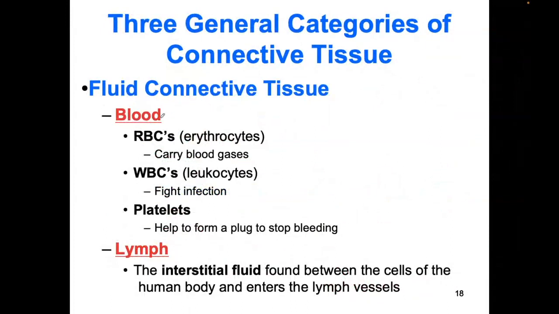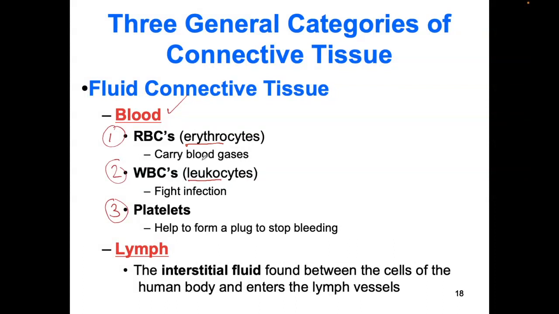So with fluid connective tissue, we think of blood. Blood has red blood cells, white blood cells, and platelets. Red blood cells are known as erythrocytes. Erythro means red, leuco means white.